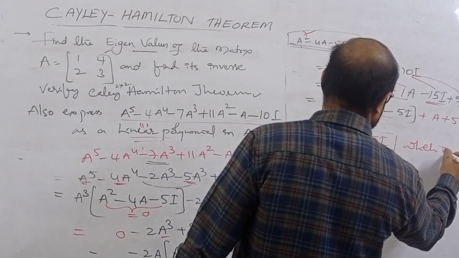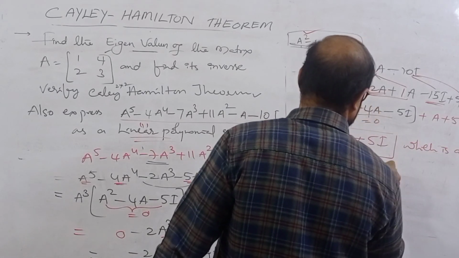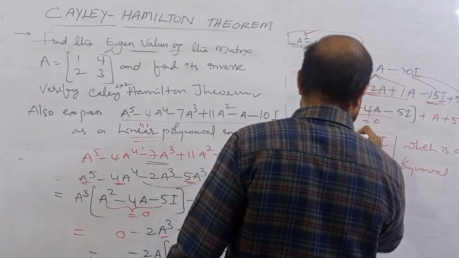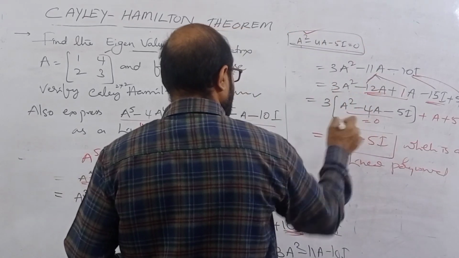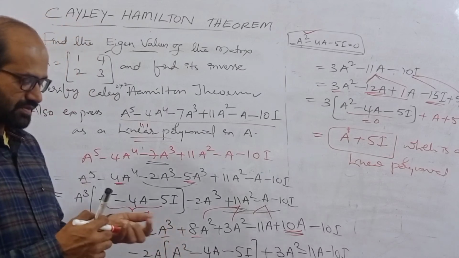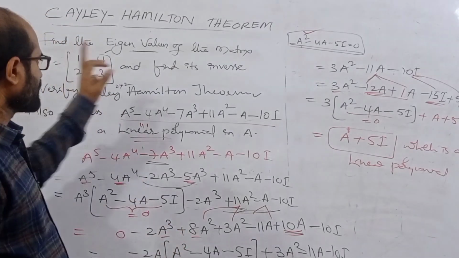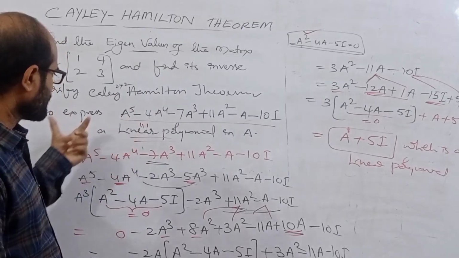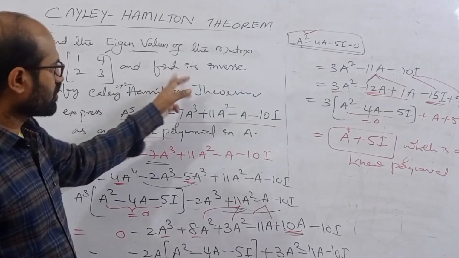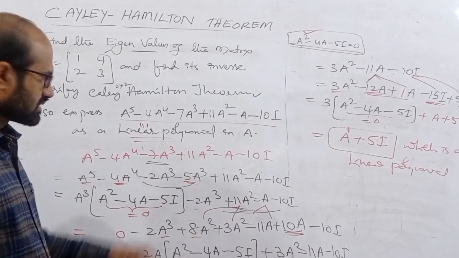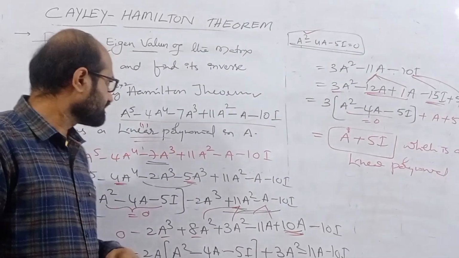Which is a linear polynomial, because the matrix power is 1. So this is a linear polynomial. See how it is? If any matrix is given, you know how to find eigenvalues by using the characteristic equation. You know how to find the inverse also. Just now we discussed: multiply A inverse with the characteristic equation.